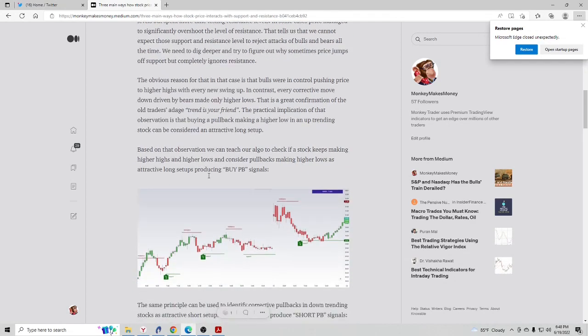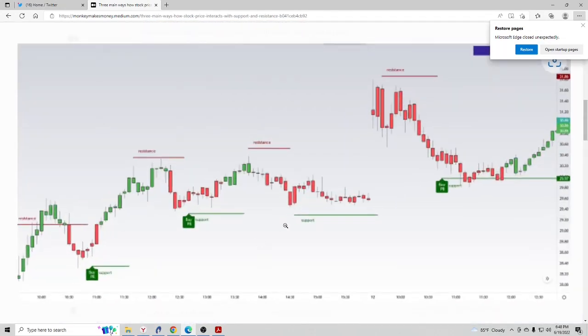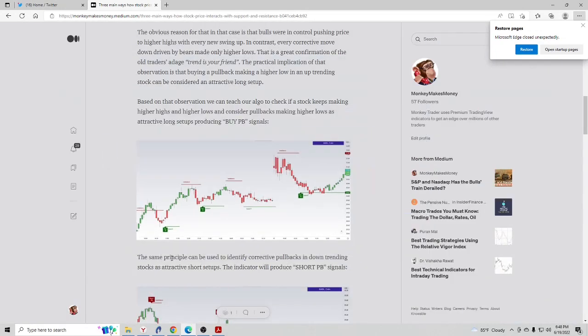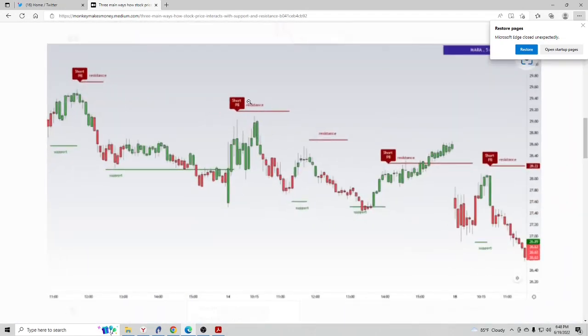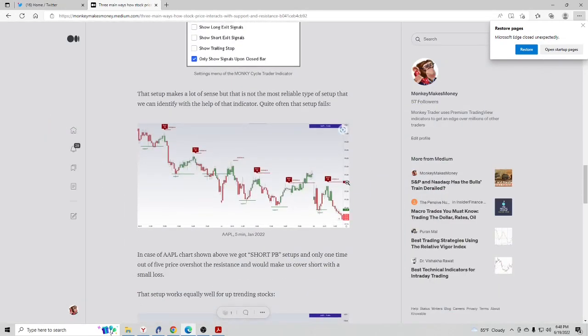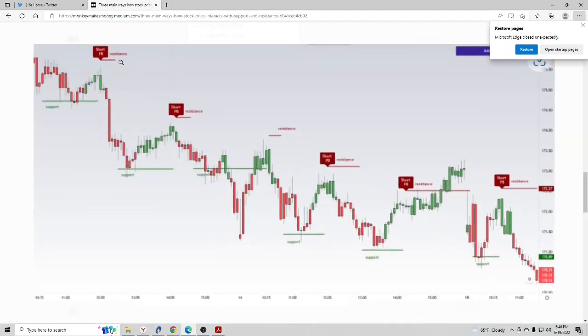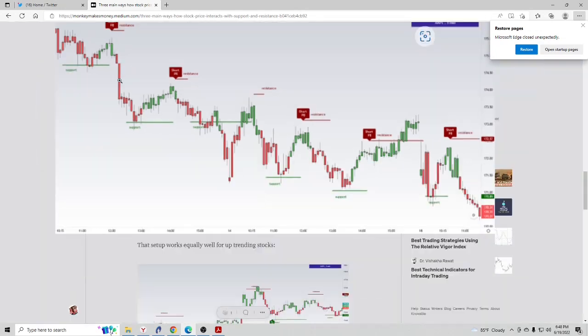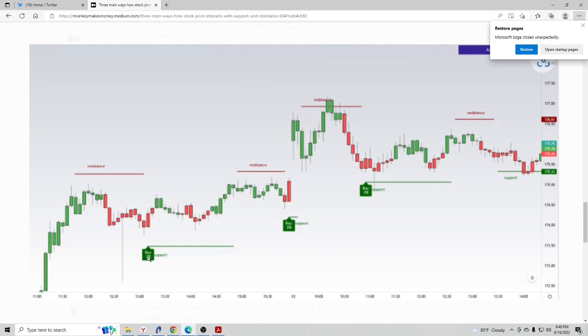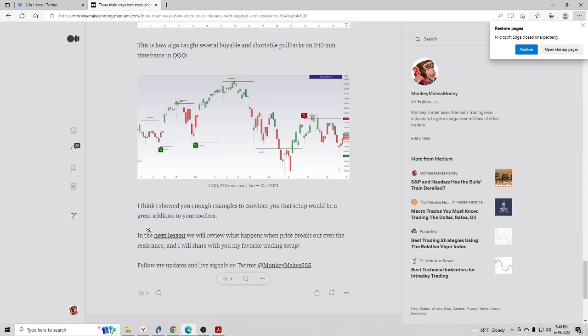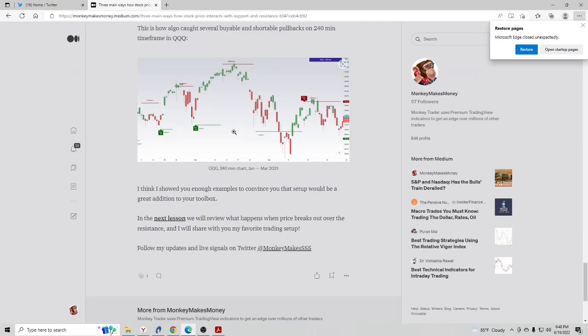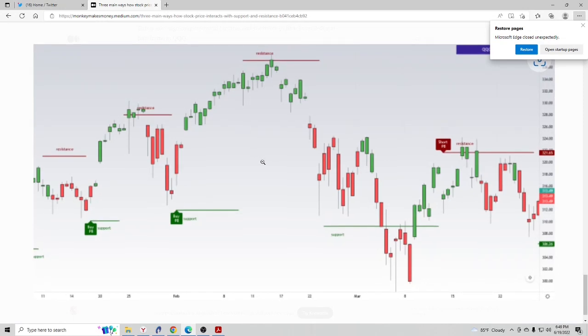So it converts that information about support and resistance into trading setups. And here, for example, you can see short pullback setups, and here as well you can see that when the market starts trending, the algo detects that, and it starts suggesting great entry and exit points. And here as well, so it works equally well in uptrend, in downtrend, and sometimes it can actually find you great entry points when the market is bouncing between support and resistance.